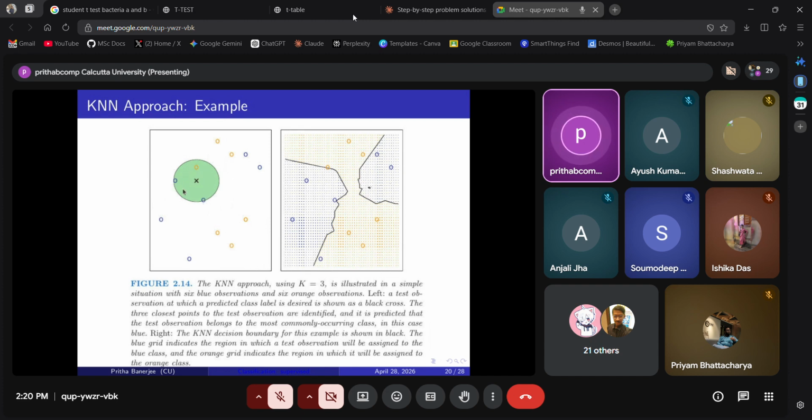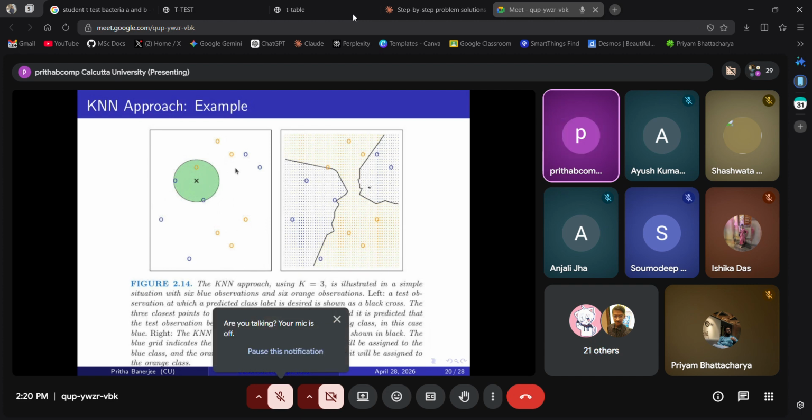In this case, these are the 3 points which are the neighbors of this x. I mean, these are the 3 nearest values of x. And there are 2 classes you can see, orange and blue.